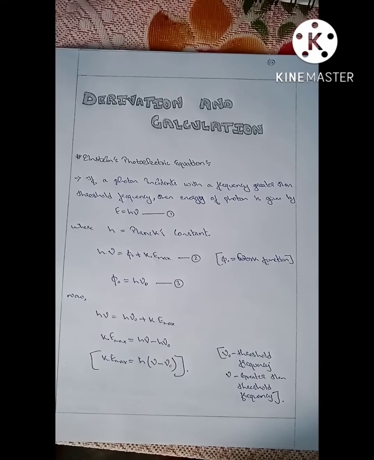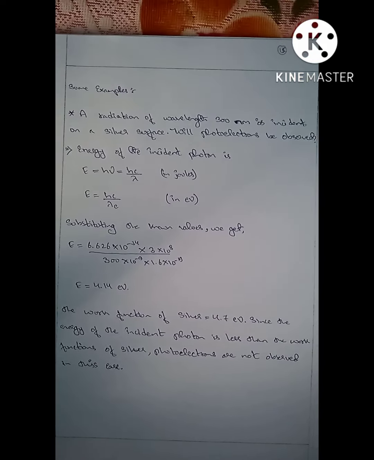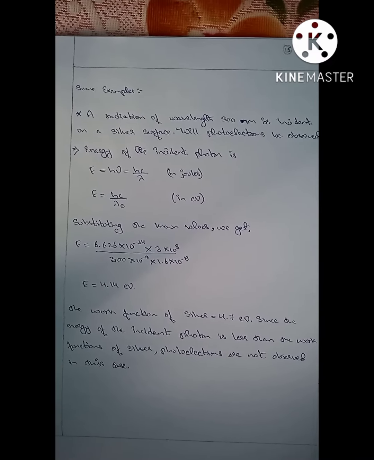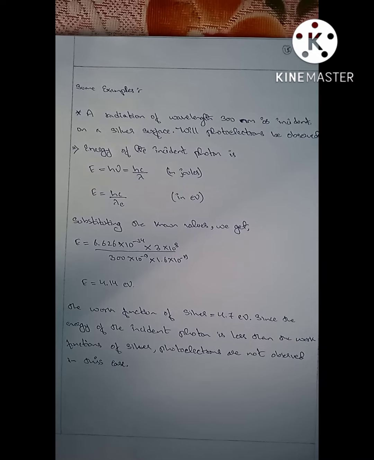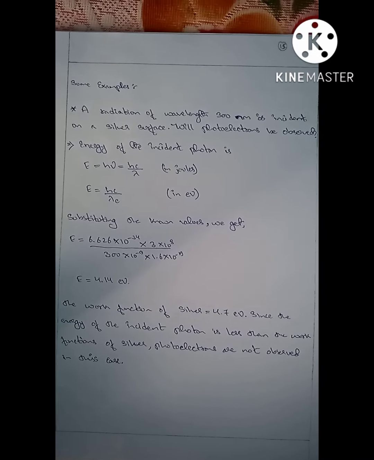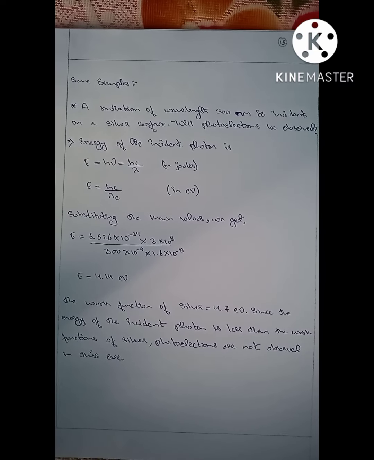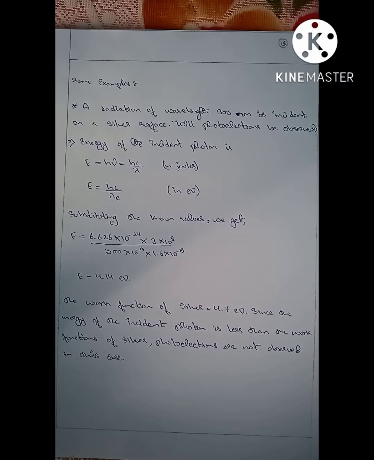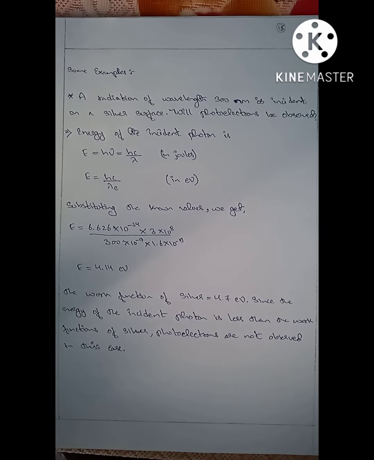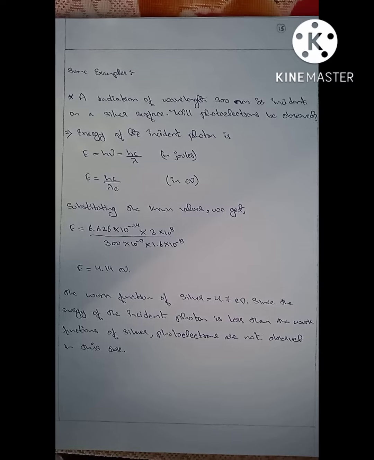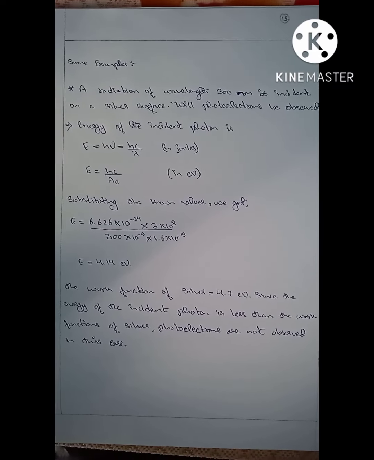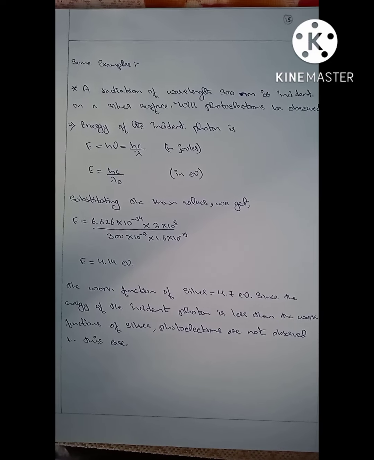Let's see some examples relating to the equation. The question is, a radiation of wavelength 300 nanometers is incident on a silver surface. Will photoelectrons be emitted? The energy of the incident photon is E equals hν equals hc by λ.